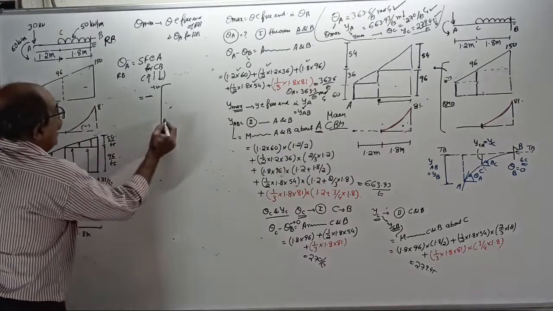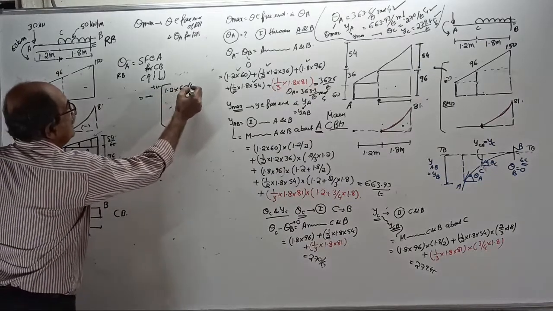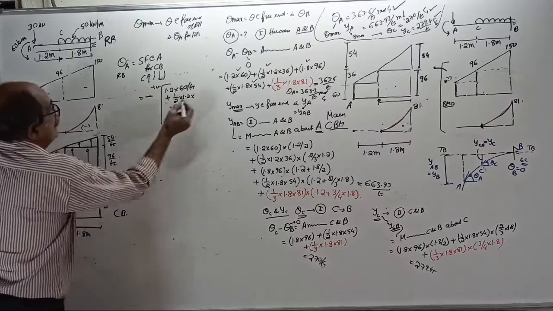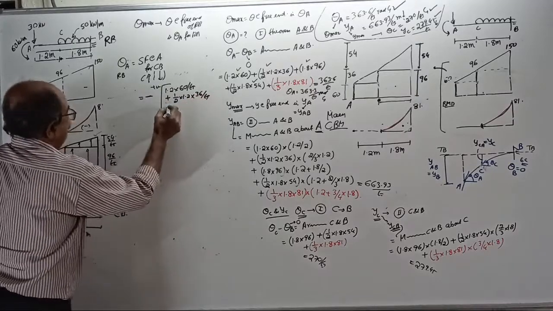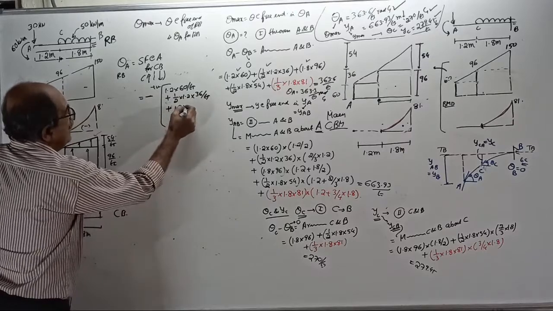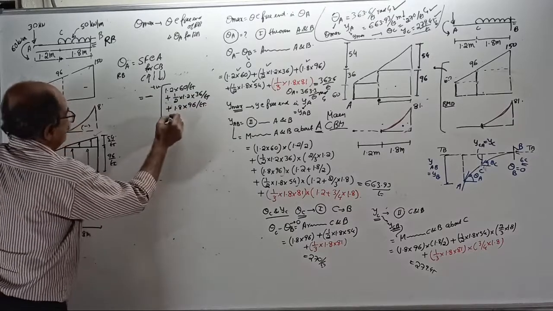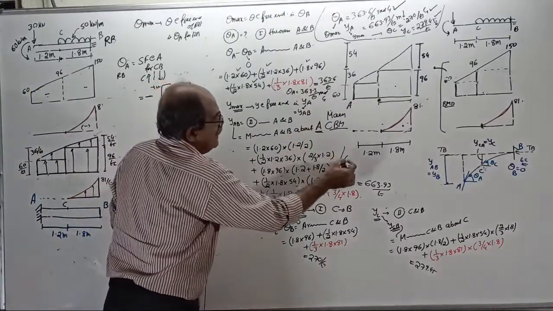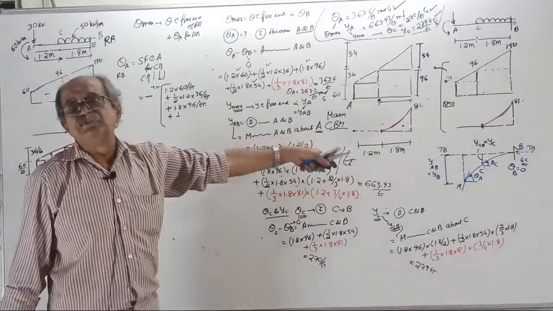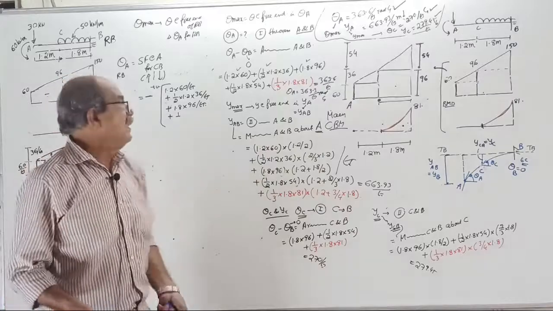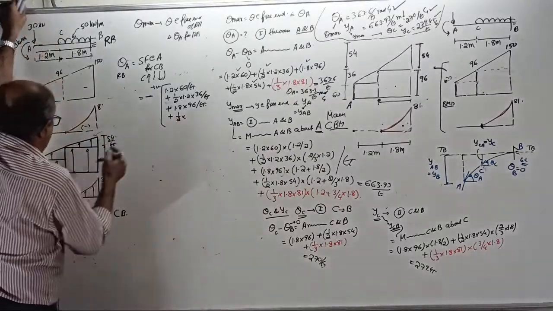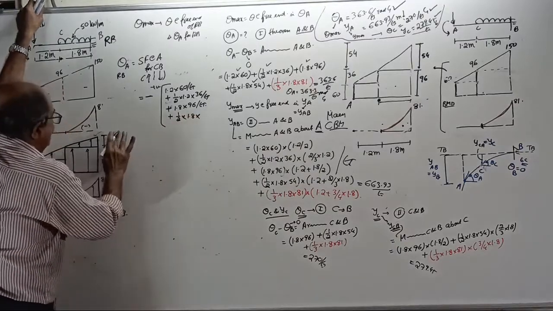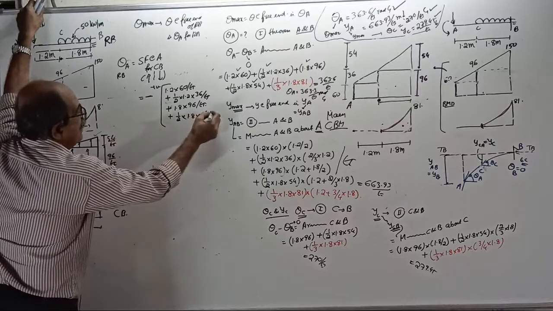This load 1.2 into 60 by EI plus triangle half into 1.2 into 36 by EI plus this rectangle 1.8 into 96 by EI plus half into 1.8 into 54 by EI. I forgot one thing here: every time you have to divide by EI.